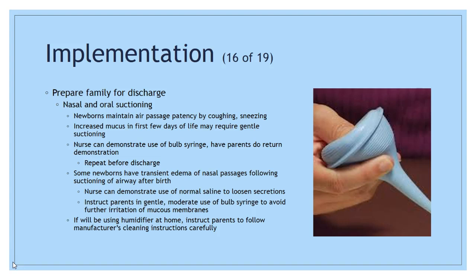We can use some normal saline to help loosen up those secretions, but we want to make sure that parents are aware that they need to be gentle and only use these bulb syringes when they absolutely need to, so we don't further irritate any edema that might occur or has occurred.